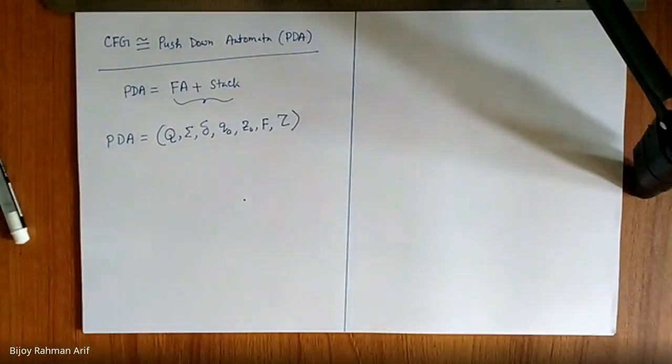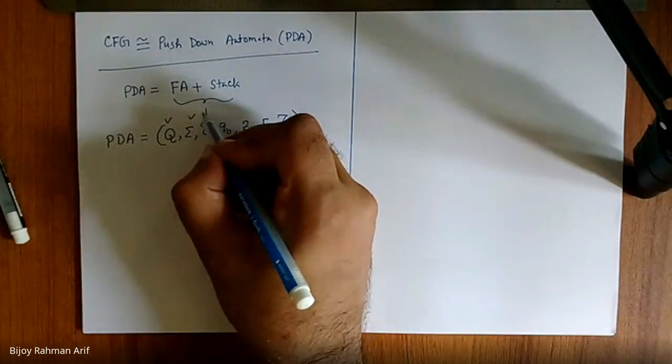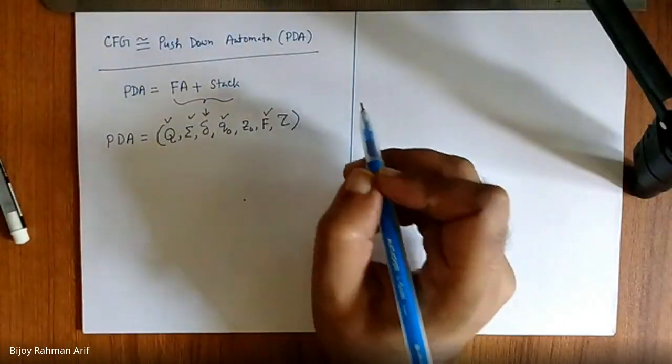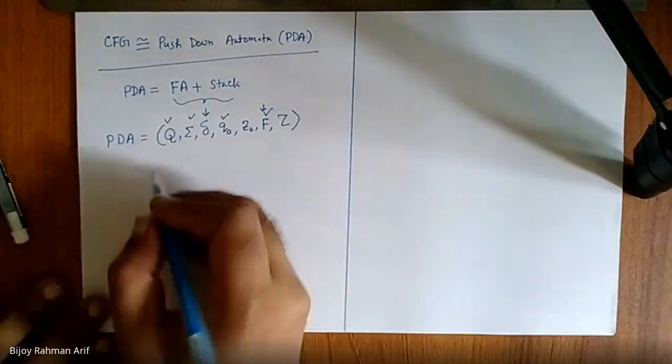We already know Q, sigma; delta is a little bit different here. We know Q naught, we know F. F is also a little bit different here. But the definition is the same.